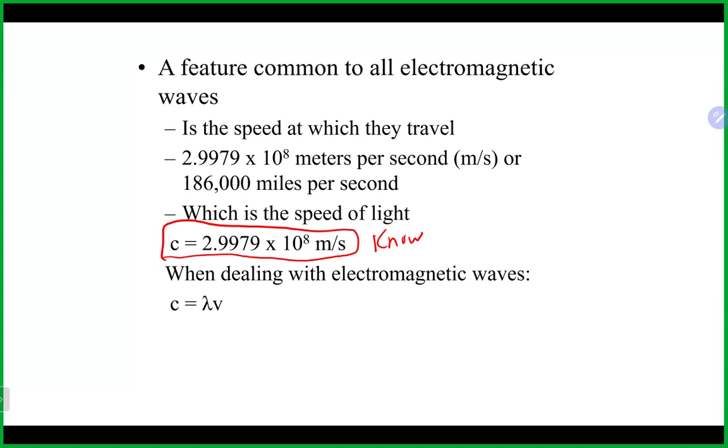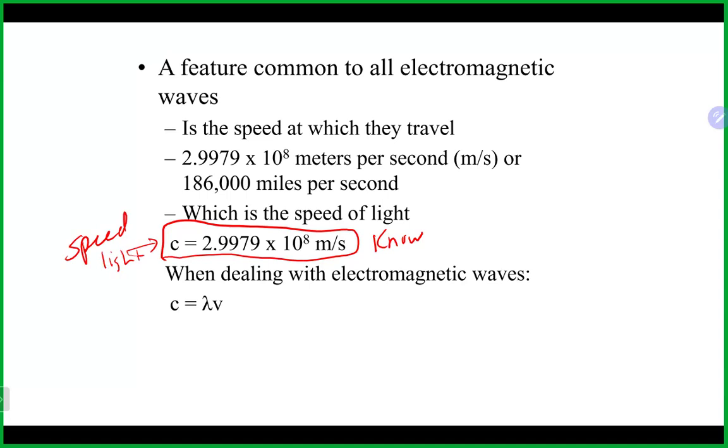They want you to use 2.9979 times 10 to the 8 meters per second. That is the speed of light, and that's what C represents. It's about 186,000 miles per second, so that's moving pretty fast. And that is a constant that you should know and always have available to you.